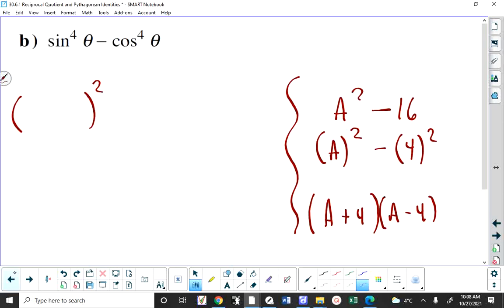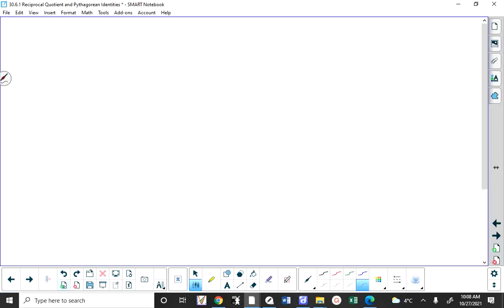What would you square? And maybe I'll even back up a bit. What would you square to get r raised to the power of 4? R squared. There's a number of ways we can explain that.